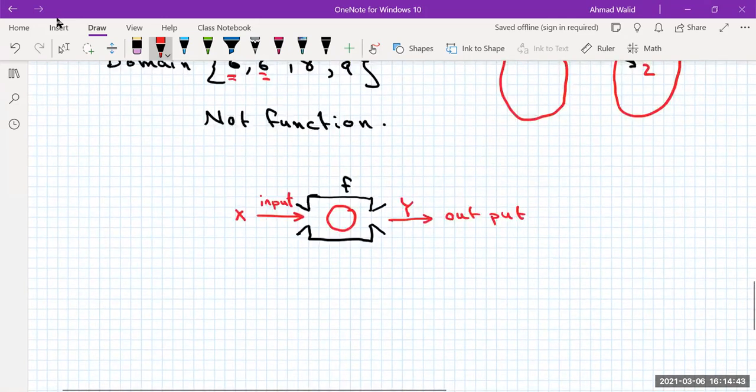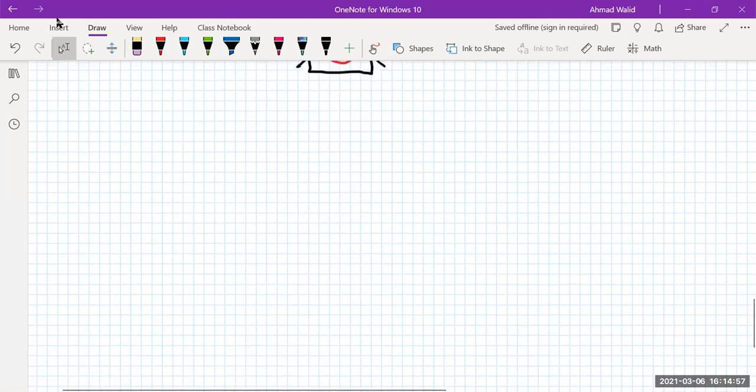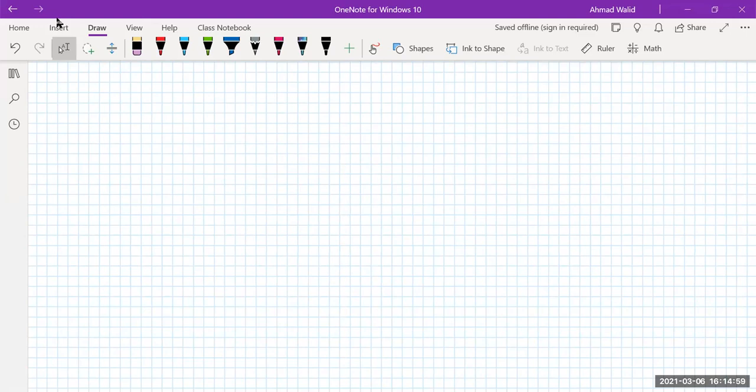Now, we learned here that if we are given ordered pairs, we can immediately find whether the given ordered pairs or relation represent a function or not. What if they give us an equation in two variables and ask, is this equation a function?